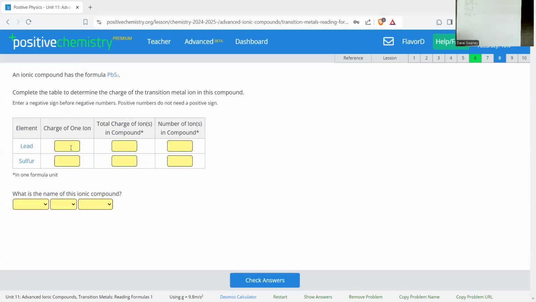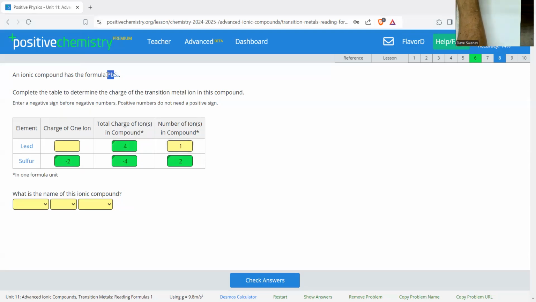Okay, so sulfur is under oxygen, so it is a -2. I have 2 of them, so the total charge is -4. That means that this should be a +4 when I get done, and I know that I have 1 lead.